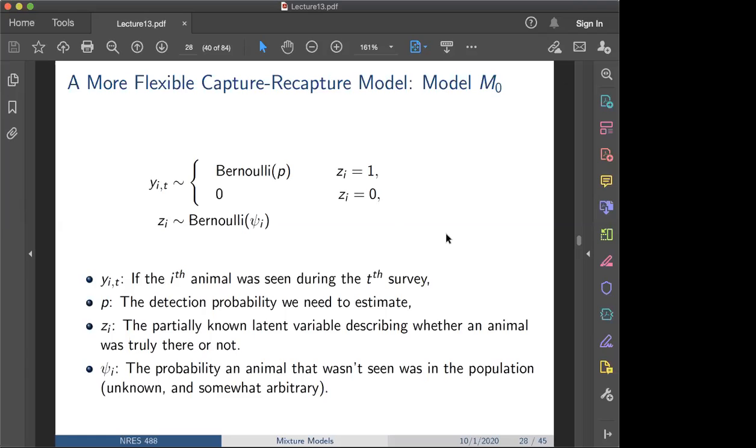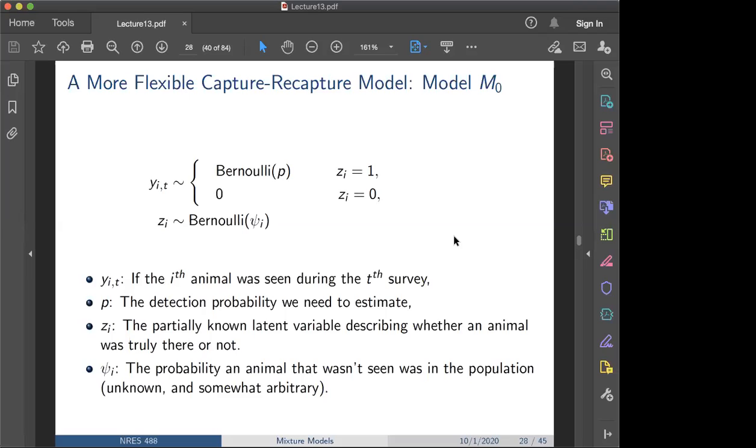But we can add some more complexity to our model in the same way we did for generalized linear regression, by adding covariates to our surveys, adding more parameters, and saying, well, maybe P isn't constant for each person that goes out and surveys. Maybe we want P to change depending on who's surveying or what the weather is.